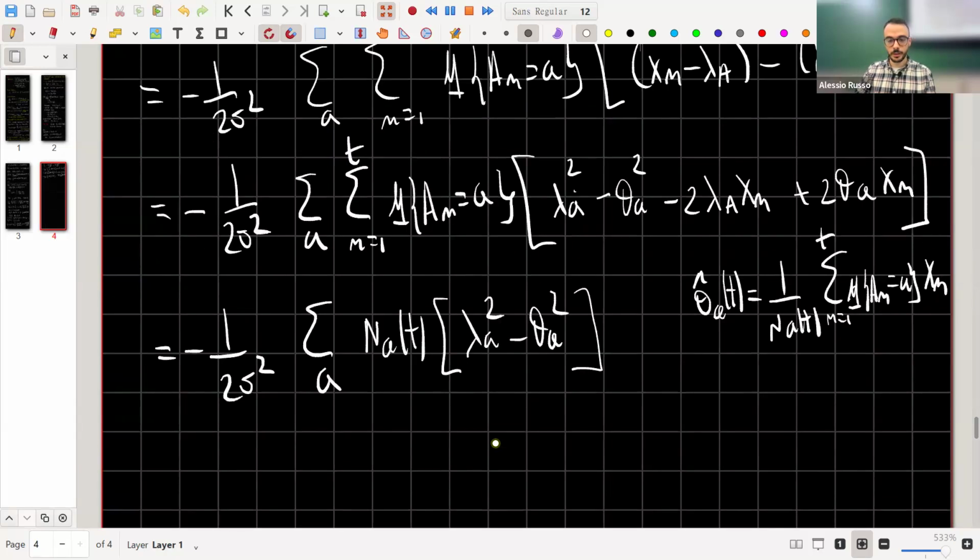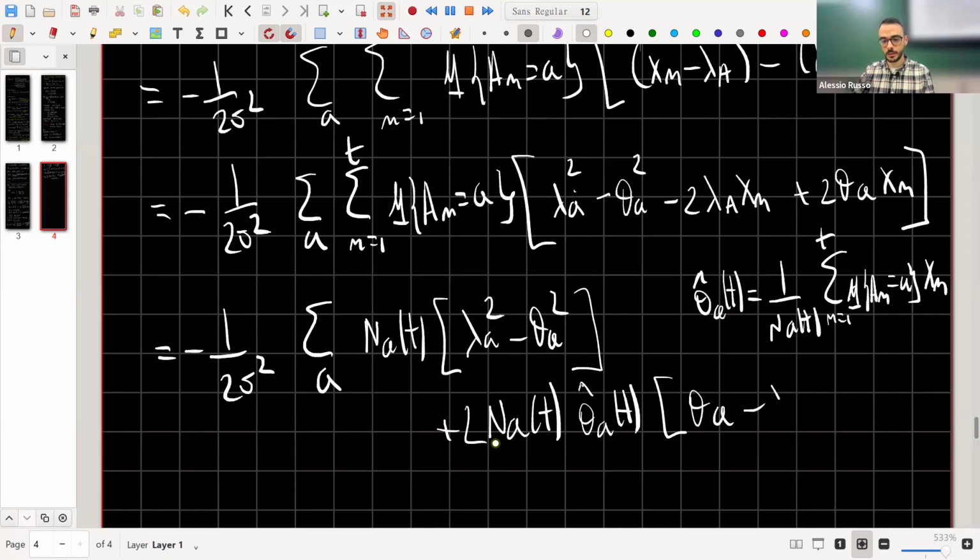So here we have this additional term, NAT, that multiplies theta hat a t. We also have a factor 2, and here we have the difference between theta a and lambda a.